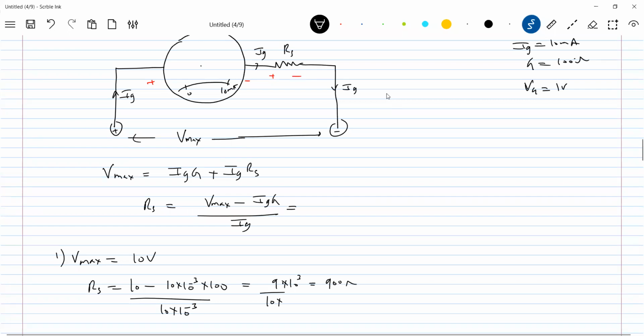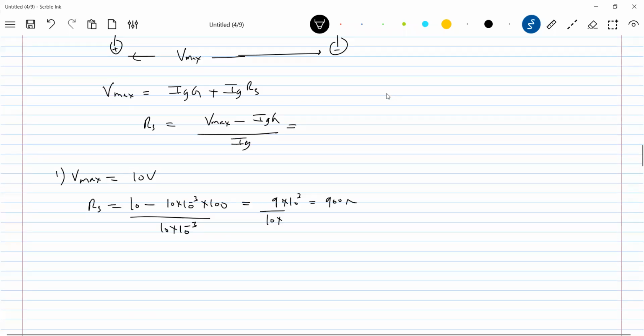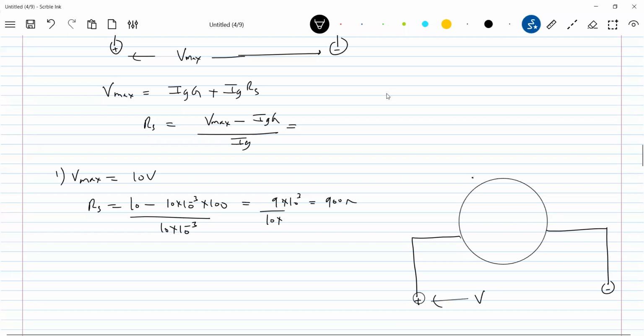So how is the construction? The construction will be like this. This is the voltage, how much is being applied? 10 volt is applied. Then there are two scales.